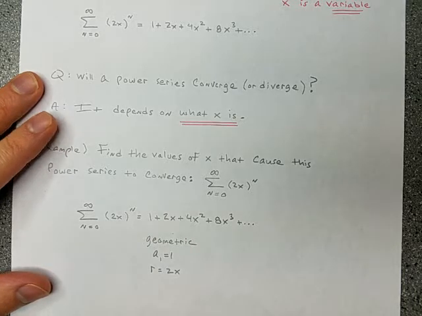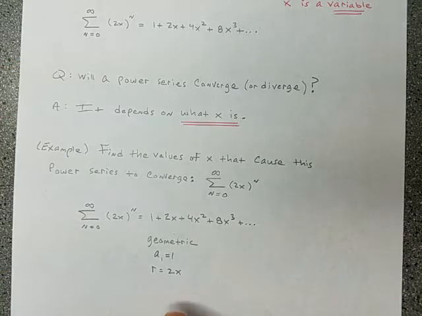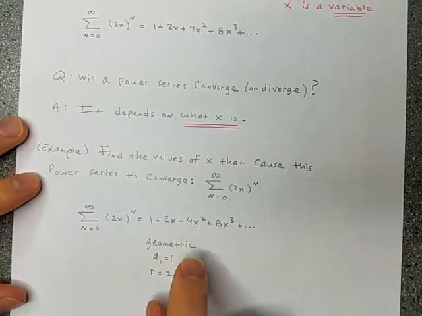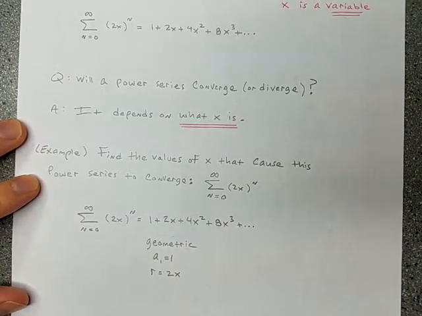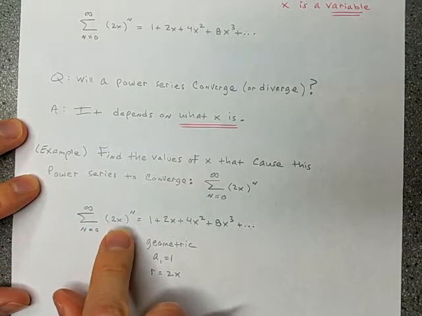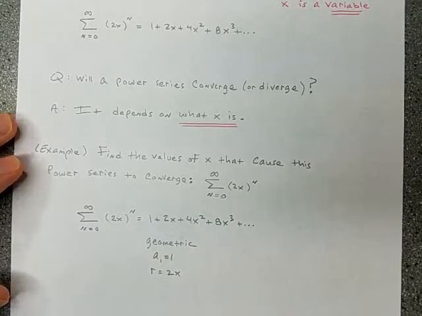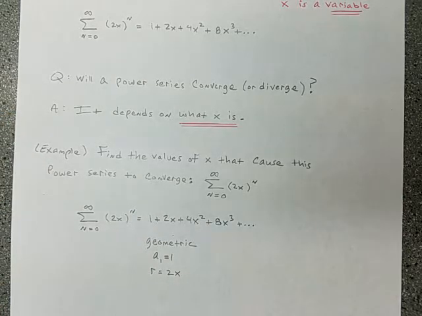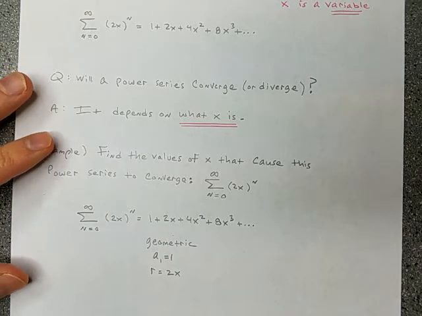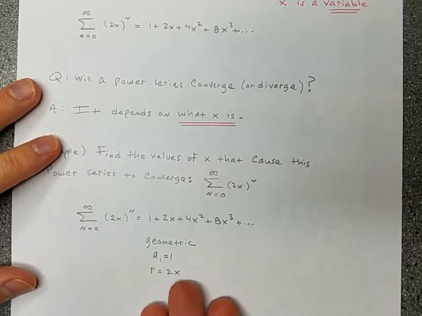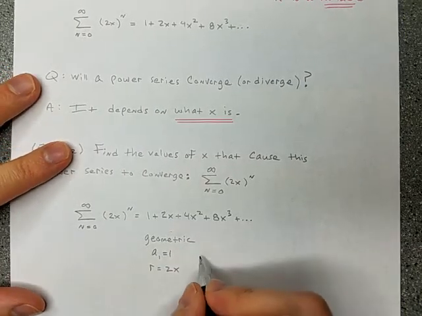All right? Okay, so that's true about this one. Now, I'm not saying that every power series is also a geometric series, just that this particular power series happens to be a geometric series.